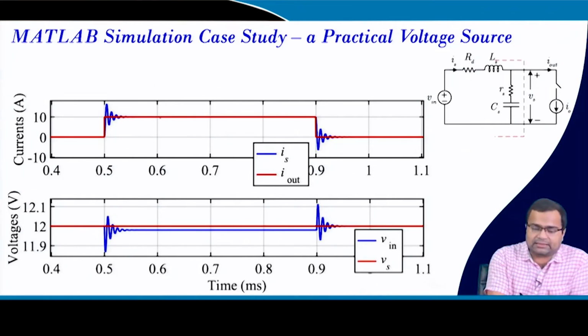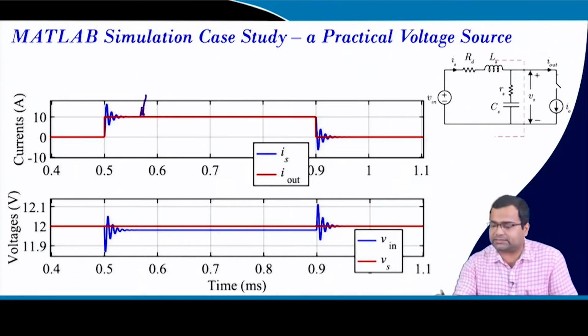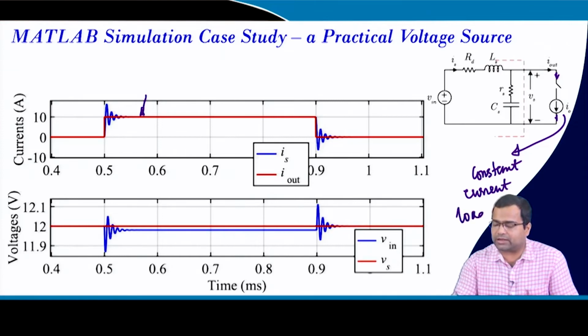See here the red trace that is shown here. The red trace is nothing but I out. This is a constant current source, that means a constant current load, because we are connecting a load.